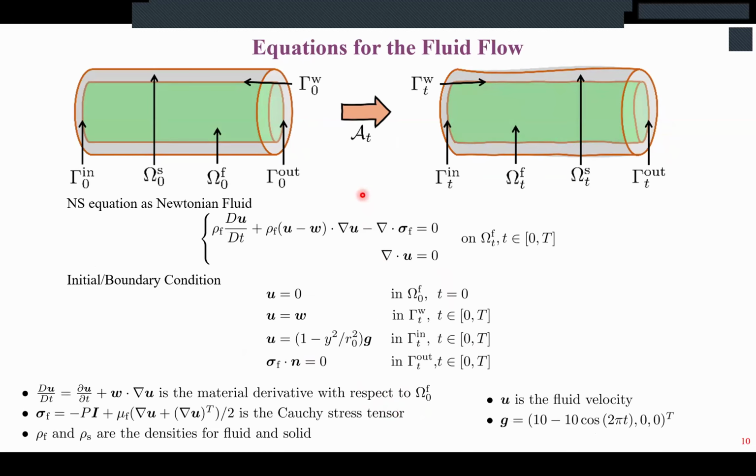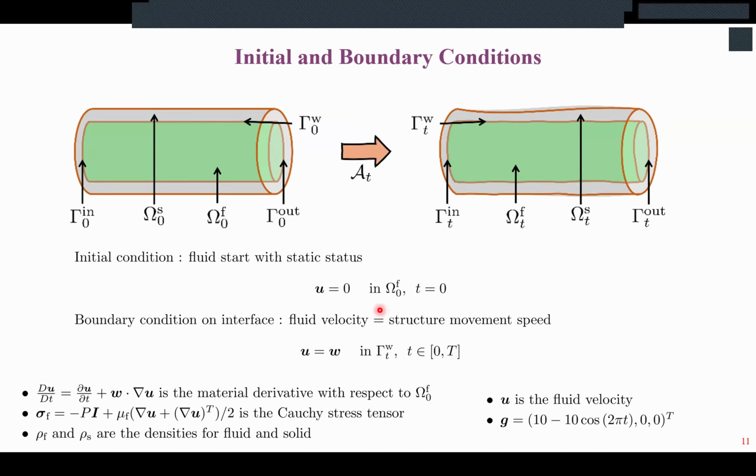After this introduction of the ALE mapping, we give the models of the blood flow. We describe the blood flow as the incompressible Navier-Stokes equations with proper boundary conditions and initial conditions. The initial condition is that we start with a static state, so it equals 0 at time 0.